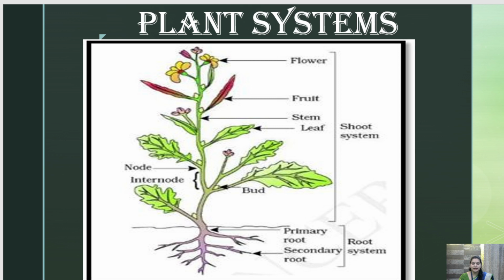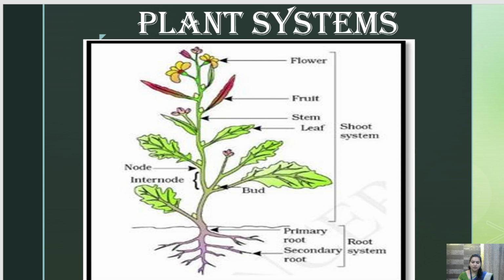In this chapter, we have to talk about all these things in detail. We'll talk about root, stem, fruit, flowers, everything in detail. So let's start with the root system.